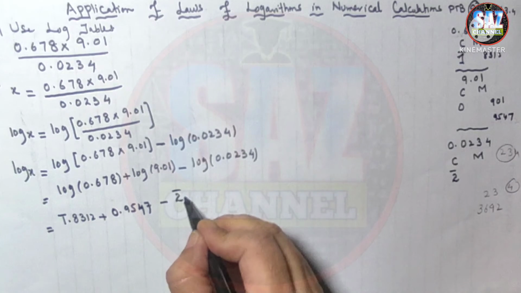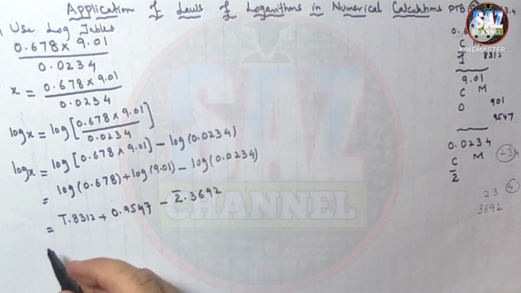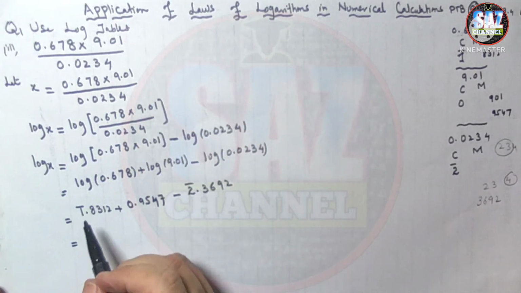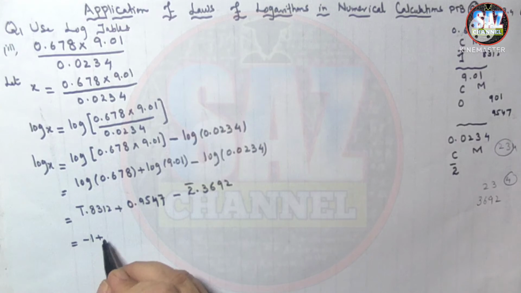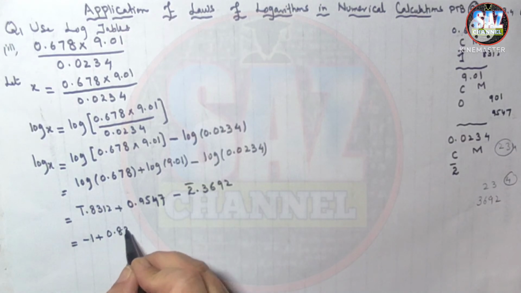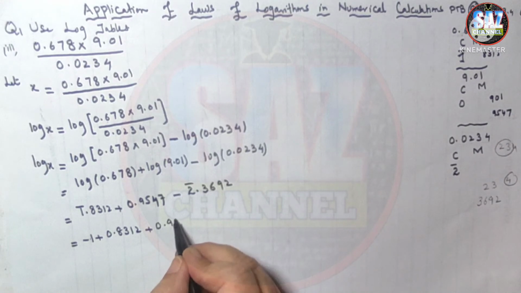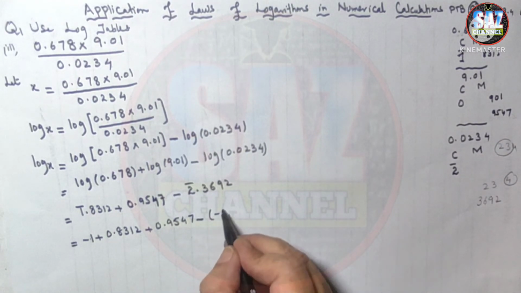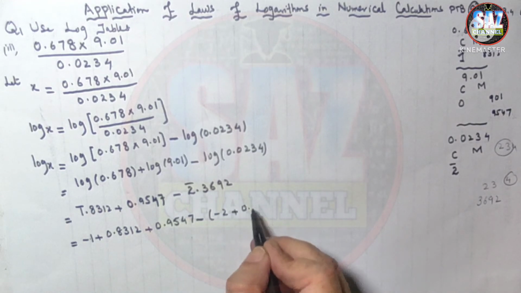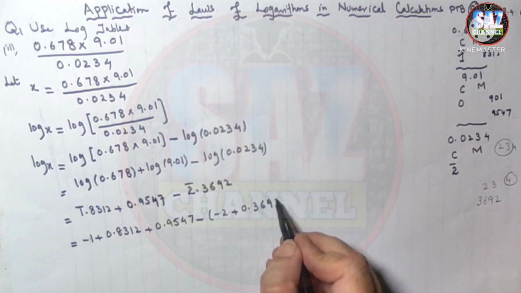So the log of this number will become 2 bar point 3692. Now the calculation part: 1 bar, which is actually the characteristic, can be written as -1, plus 0.8312, plus 0.9547, minus (-2 plus 0.3692).